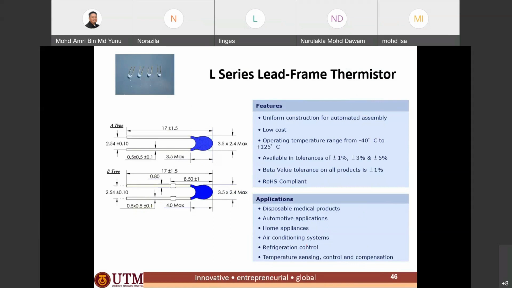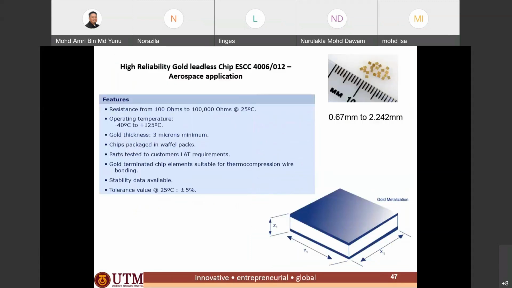It can be found inside home appliances like the fridge and air conditioner, so it is integrated with the circuit board or the system. This one can be installed on the printed circuit board as a surface mount device.